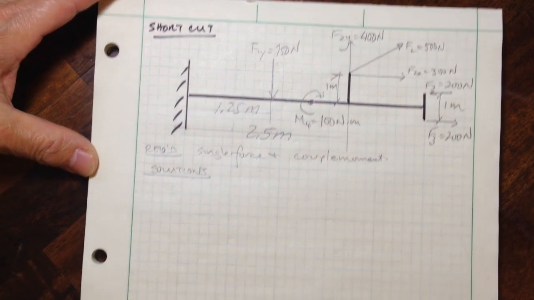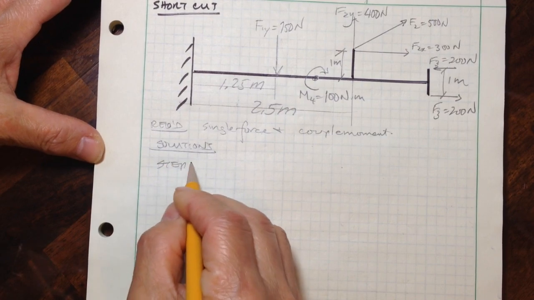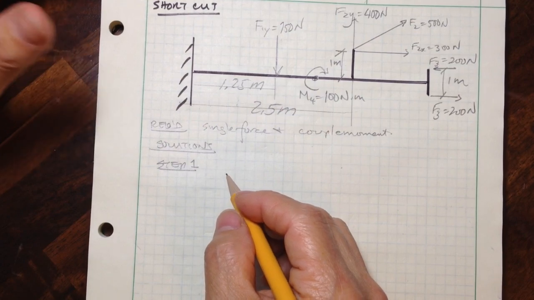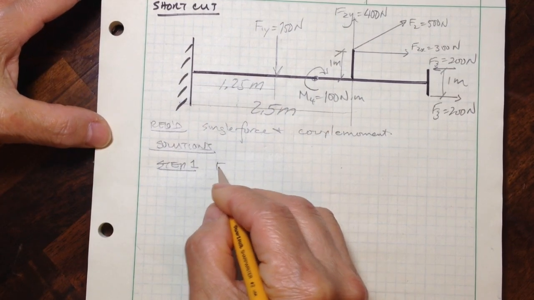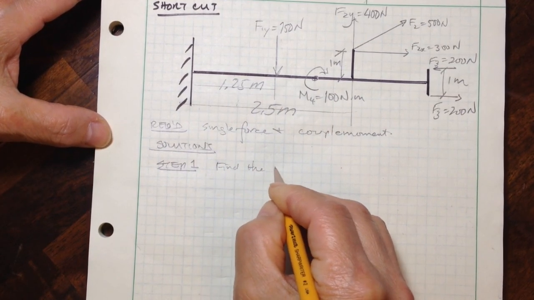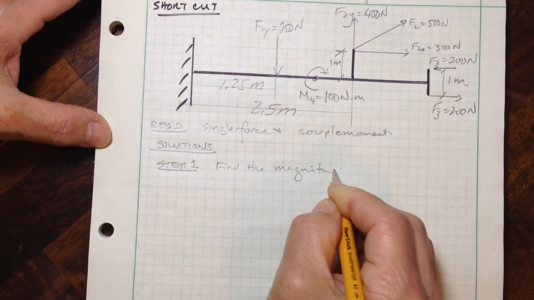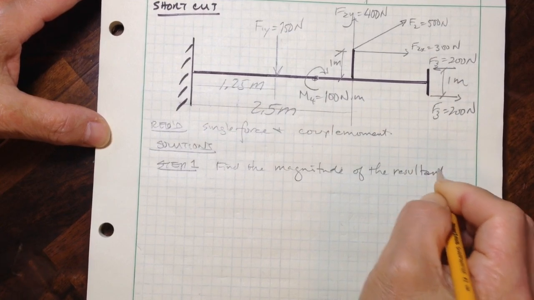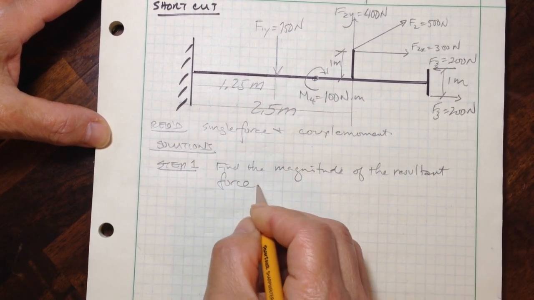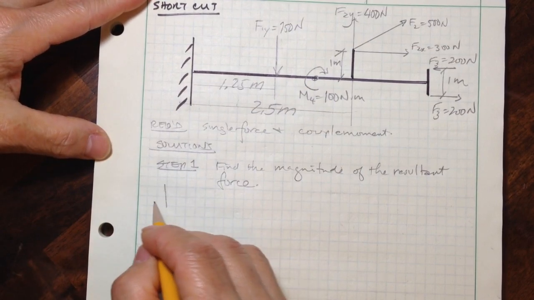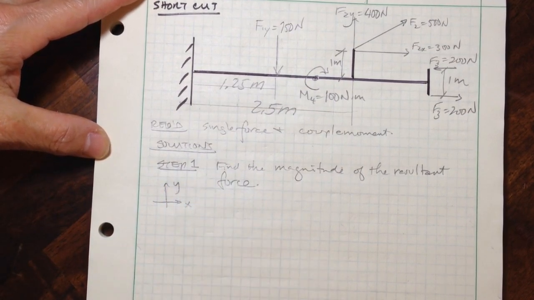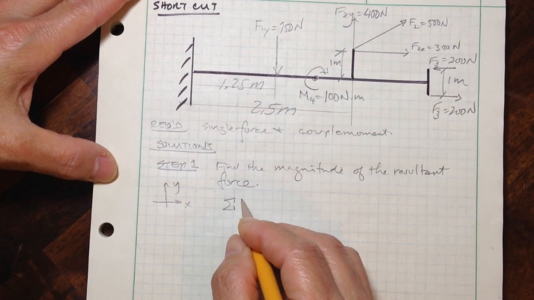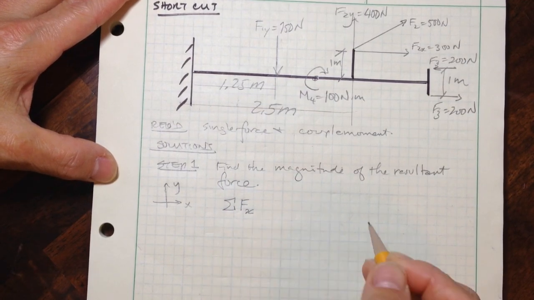Okay, step 1. You look at your force system and you calculate the resultant force. Find the magnitude of the resultant force. Given our coordinate system xy, we're going to find the sum of all the forces in the x direction.